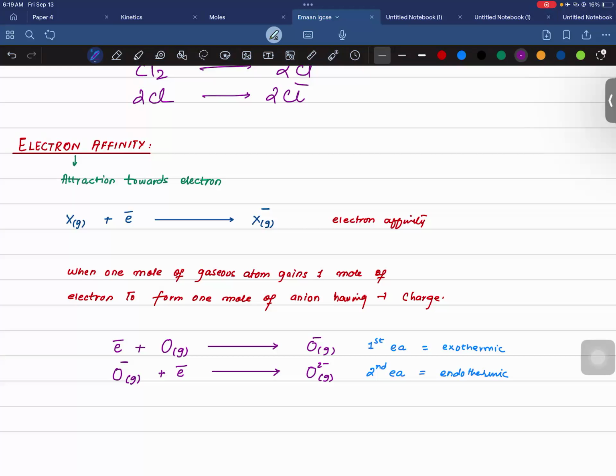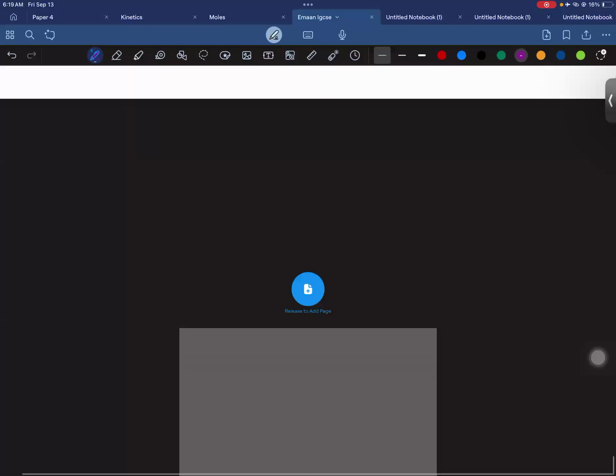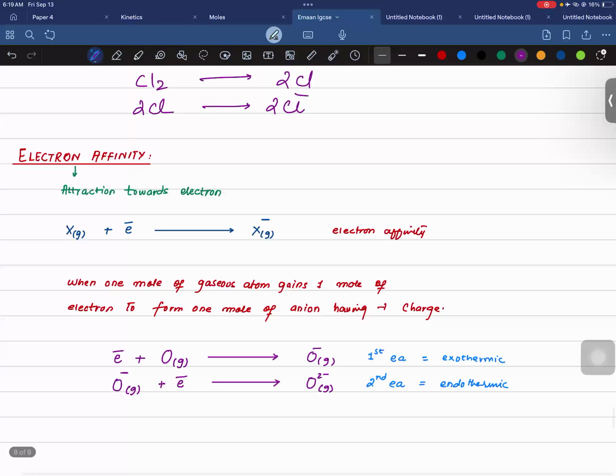Can anyone explain why the first electron affinity is exothermic and the second electron affinity is endothermic? Maybe because the second electron needs more energy to be removed.